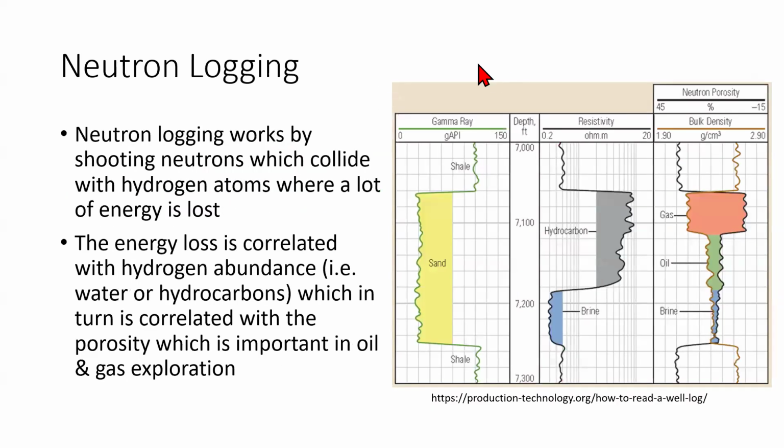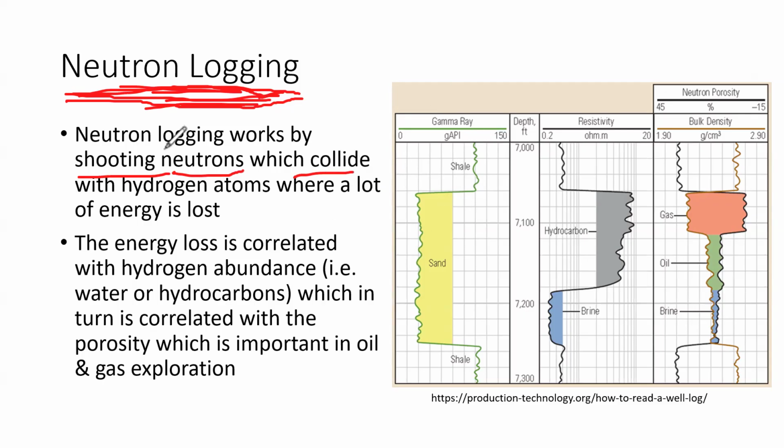Then you also have neutron logging. In neutron logging, this is a bit different because technically you're not exactly looking at materials which are undergoing radioactive decay. In a neutron log, you're actually shooting neutron particles into the subsurface.